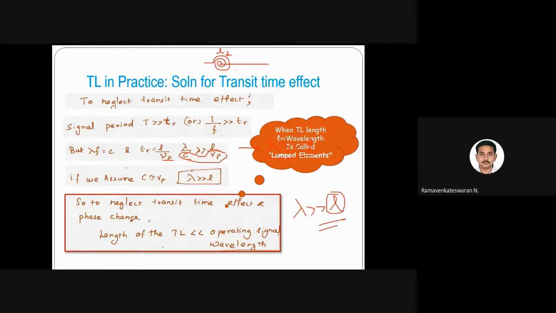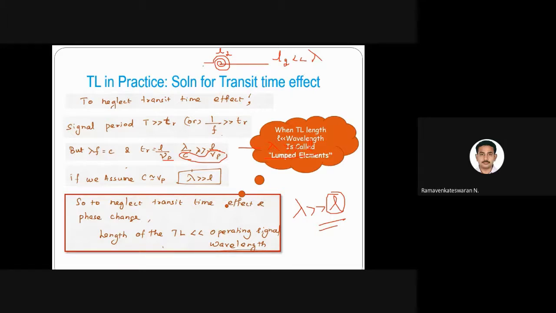This physical dimension of the inductor is equal to the physical length of the transmission line, or some dimension of the device or connector. That dimension is supposed to be very small compared to the operating wavelength.